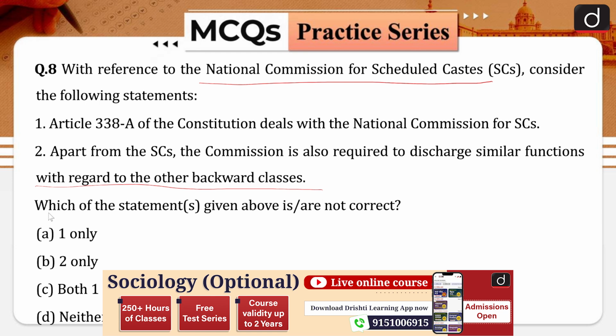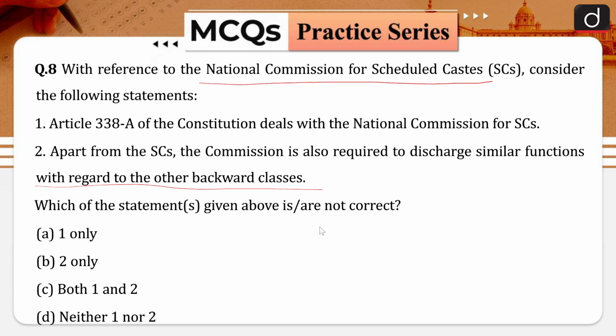Which of the following statements given above are incorrect in nature? Option A is 1 only, option B is 2 only, option C is both 1 and 2, and option D is neither 1 nor 2.